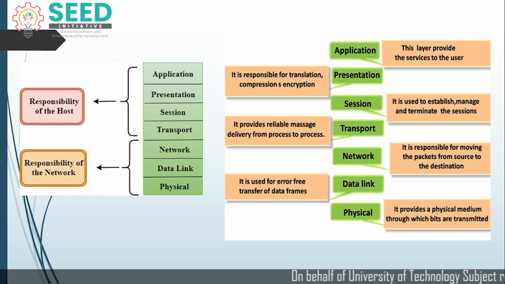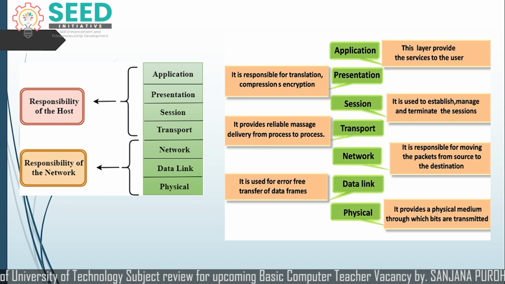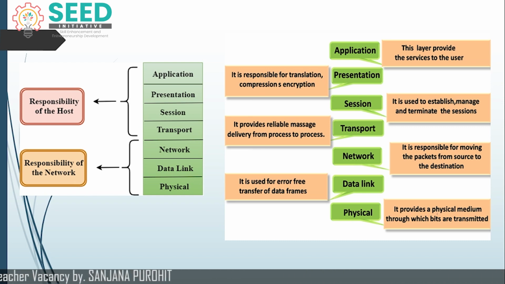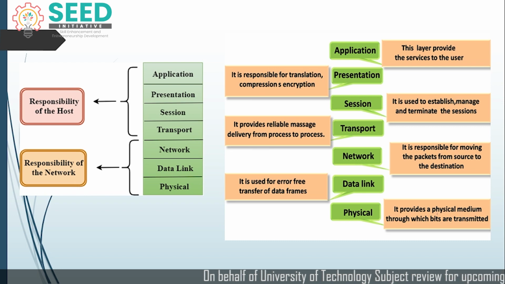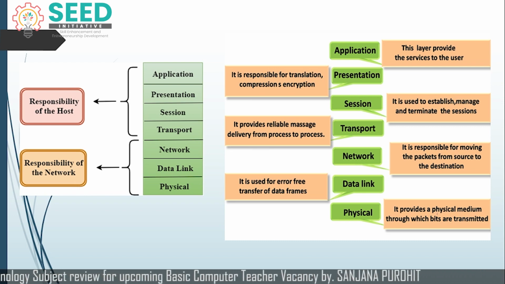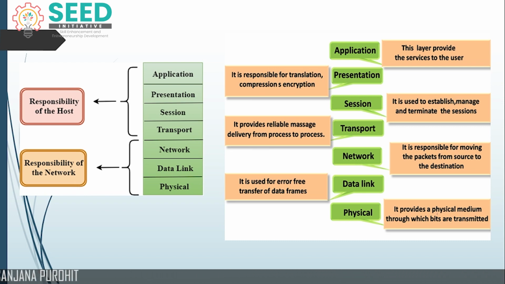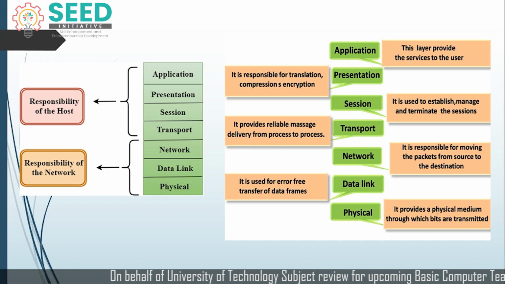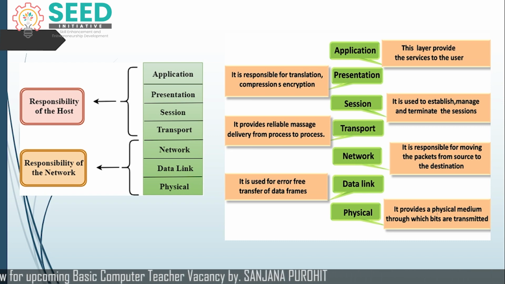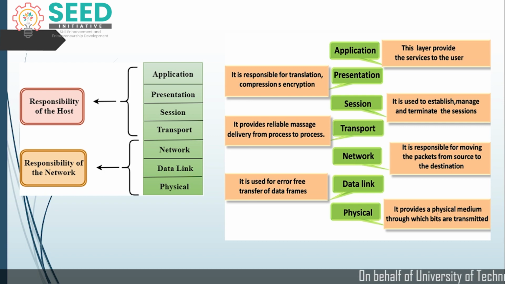Third is the network layer. It is mainly responsible for moving the information in the form of data packets from source to destination. Next is the transport layer. It provides reliable message delivery from one end to another end, or we can say from one process end to another process end.